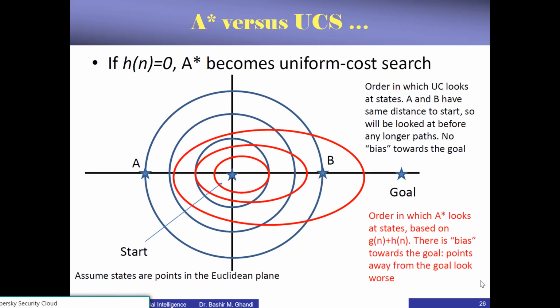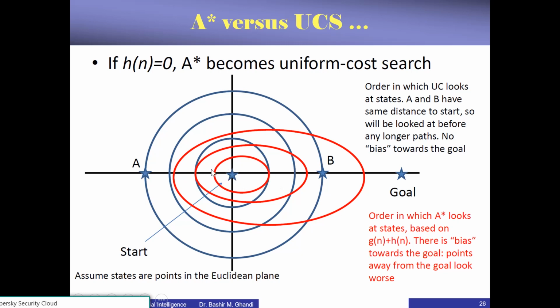What about the A star search? A star search, however, has a hint. The heuristic function will tell it, look, this B is nearer to the goal than A. Therefore, you should be biased towards going to B.